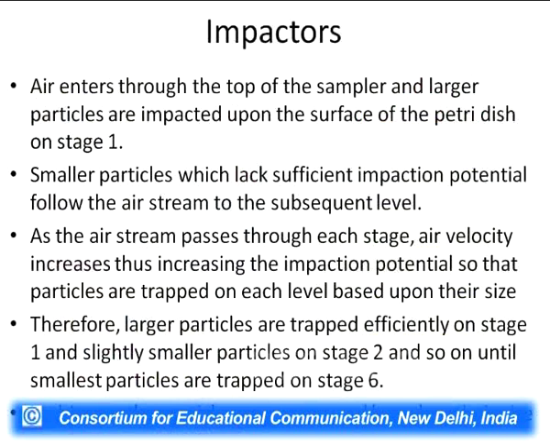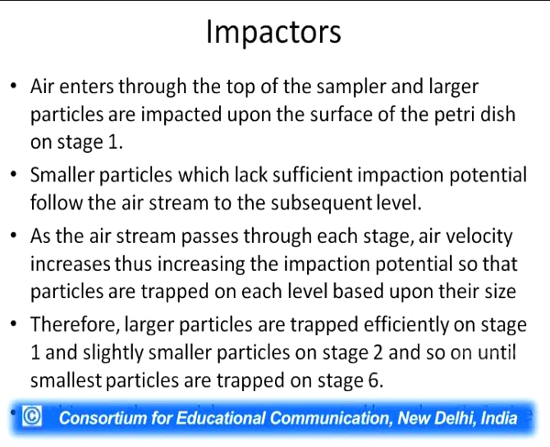Now, here is the explanation of the same thing. Air enters through the top of the sampler and larger particles are impacted upon the surface of the petri dish of stage 1, and later the smaller particles, which lack sufficient impaction potential, follow the air stream to the subsequent level.